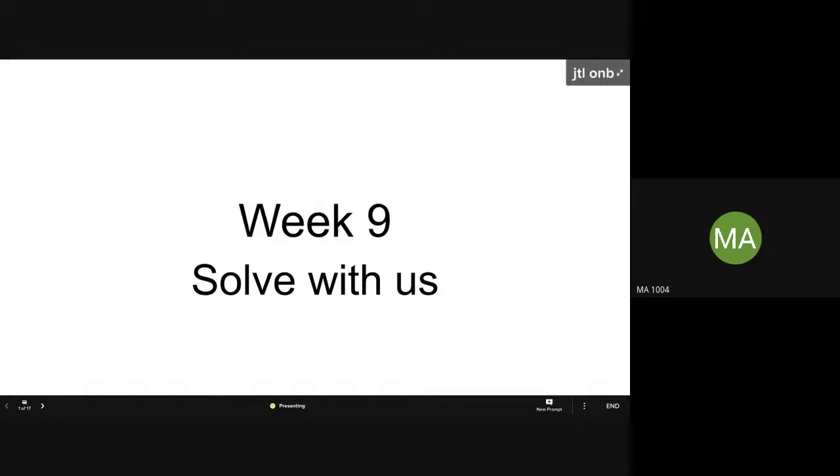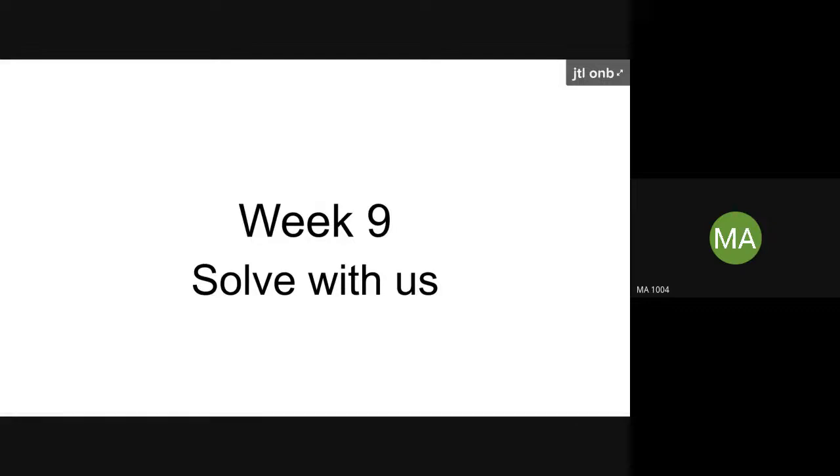So without further delay, week 9. Till week 8 you might have understood what samples are, how we sample, how we get samples out of a distribution, and what the different kinds of distributions are. And then we studied a few theorems like the central limit theorem and the weak law of large numbers.